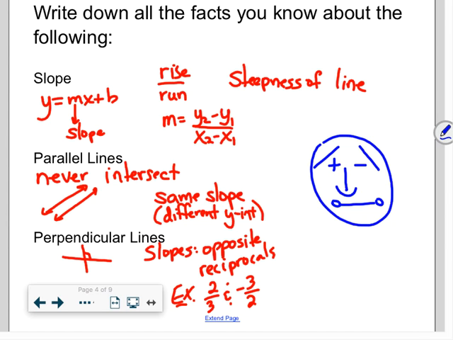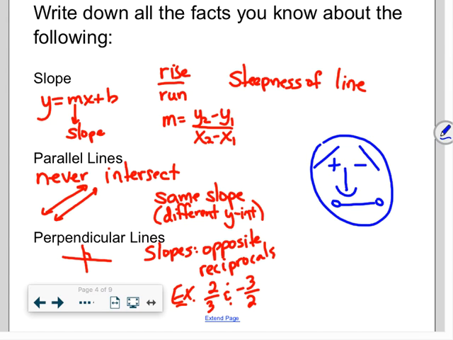All right, the next slide talks about slope of a non-vertical line is the ratio of the vertical change divided by the horizontal change. So there's your y2 minus y1 over x2 minus x1. All right, using that formula, please do 1 and 2. Find the slope and then graph the line.